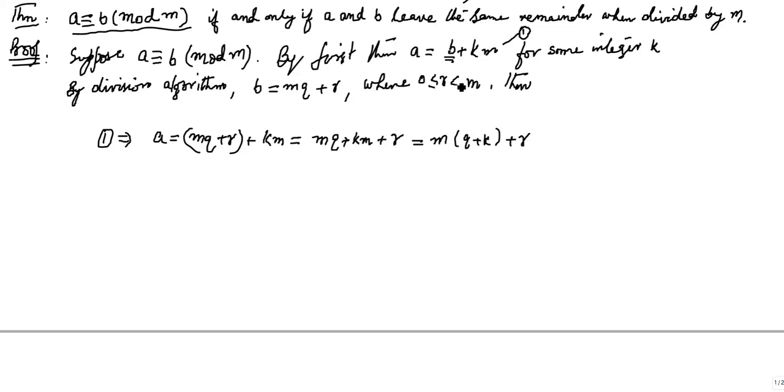So, in the case of B, we assume that B is divided by M. So, we have unique integers Q and R, such that B can be written as M Q plus R, where R is the remainder that has values greater than or equal to 0 and less than M. And now we are proving that when A is divided by M, then there will be the same remainder R.